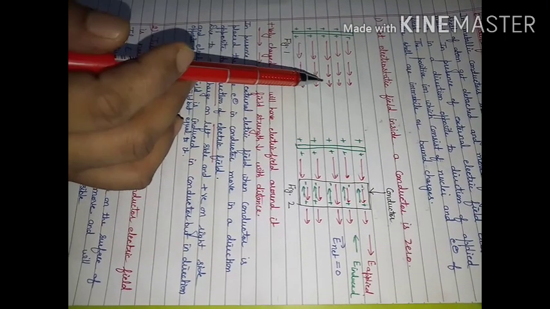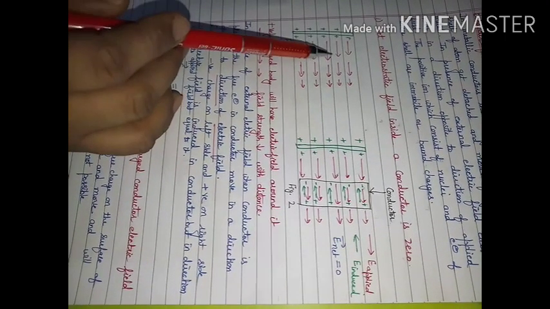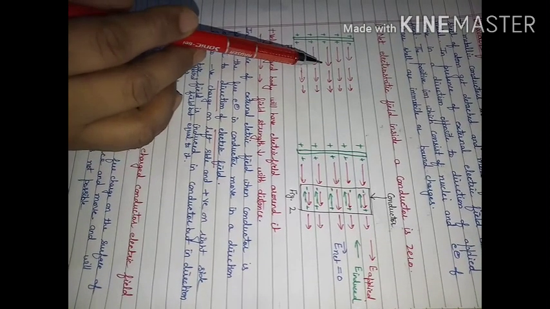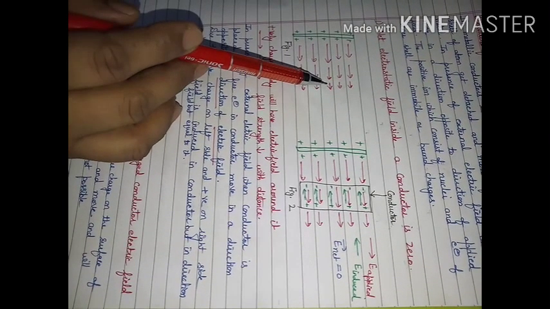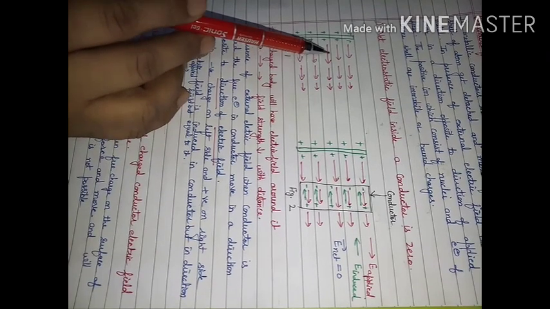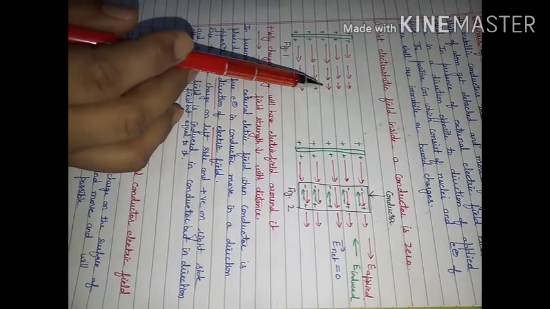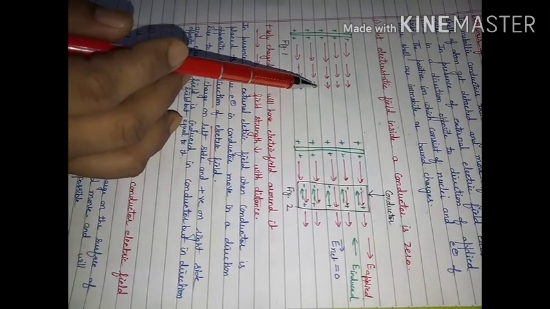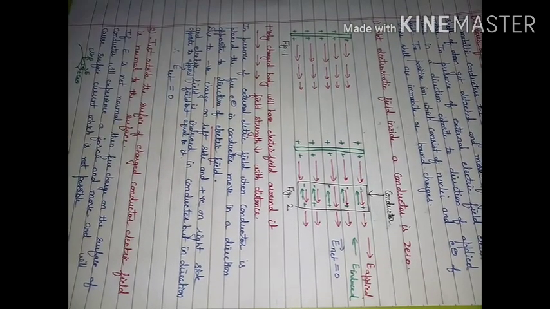I have shown the electric field with the help of these arrows, and the length of these arrows changes as you move away from the body, and it is decreasing. It means the field strength is decreasing as you move away.